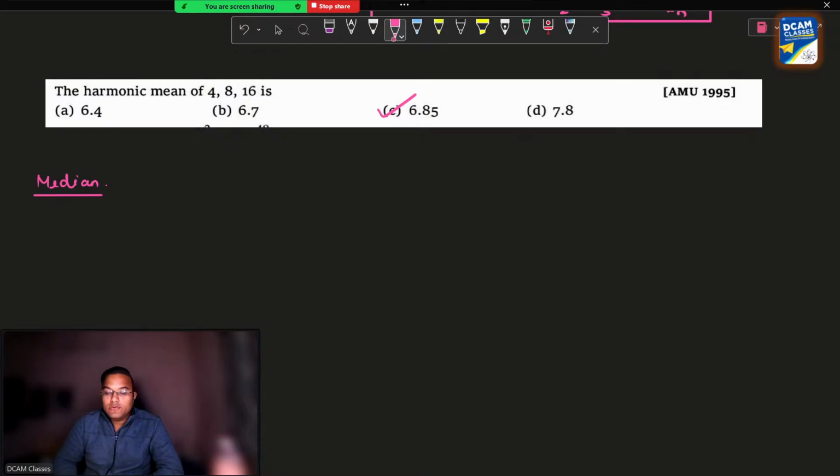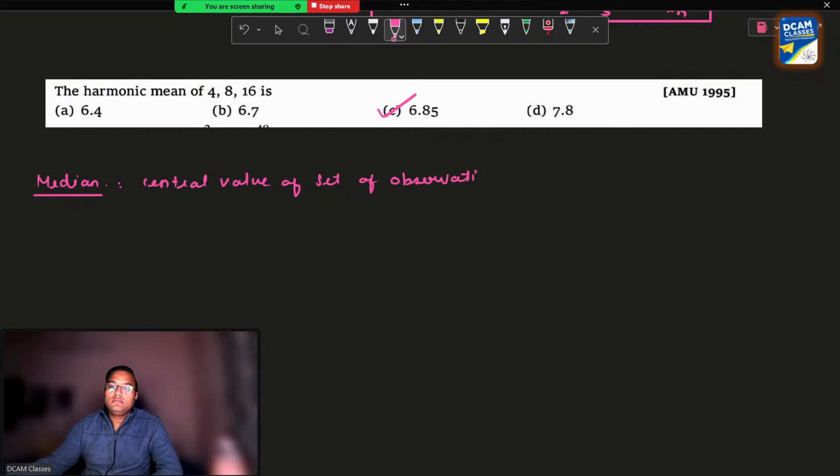It's the central value. Median is the central value of the set of observations. That's how the median is defined. That's the median.